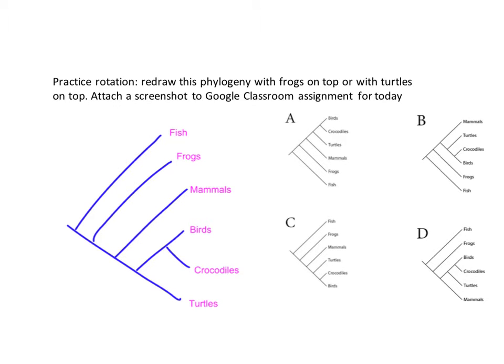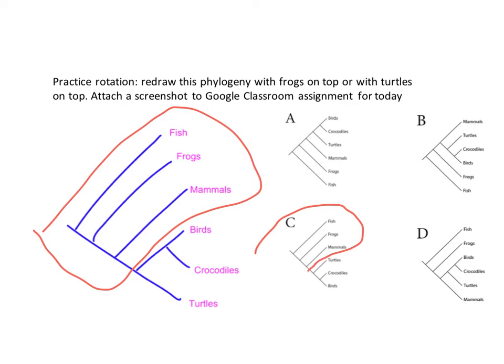Frogs. So the first three, what I'm looking at, there's no right answer to this. I'm just asking you to evaluate the trees. What I see is that the structure of that part of the tree is the same as that tree. Fish branch first, then frogs, then mammals. It's true of all the trees. It's just that these are done in the same order. C looks very much like that part of the tree that was submitted.